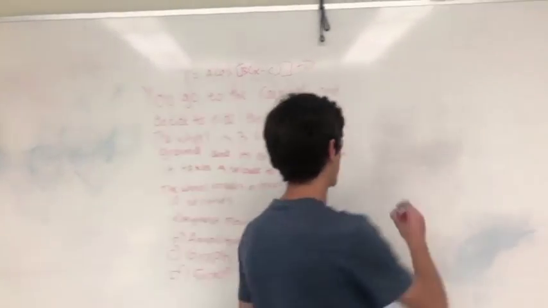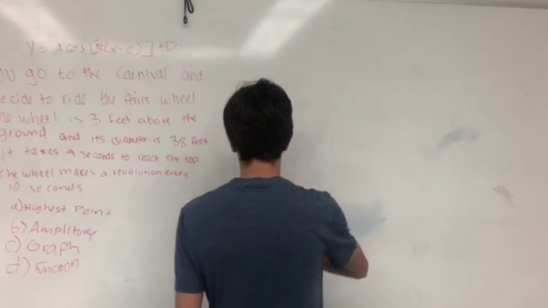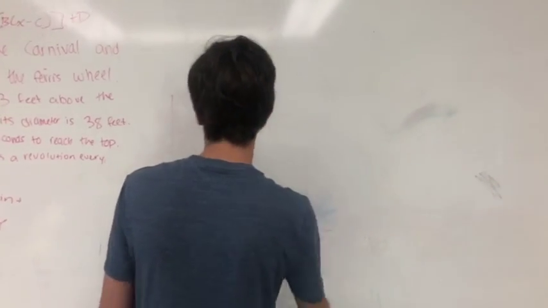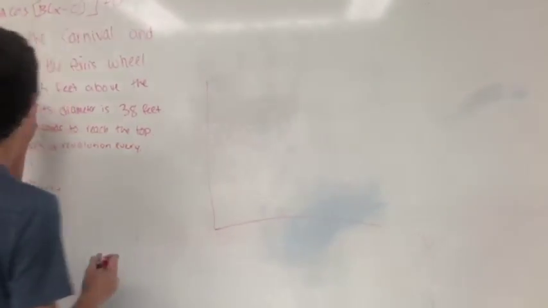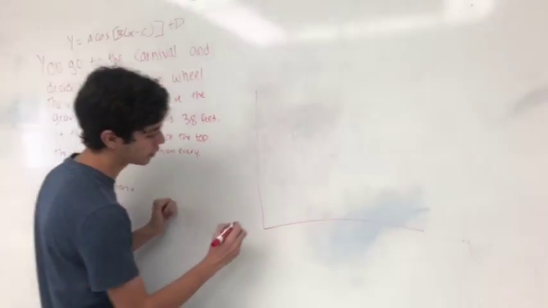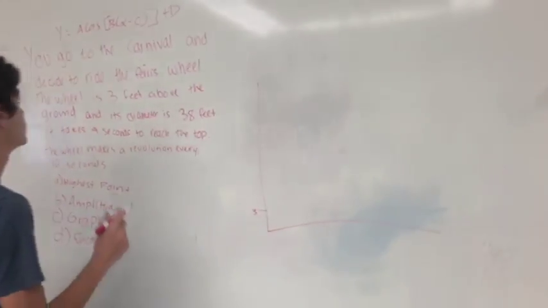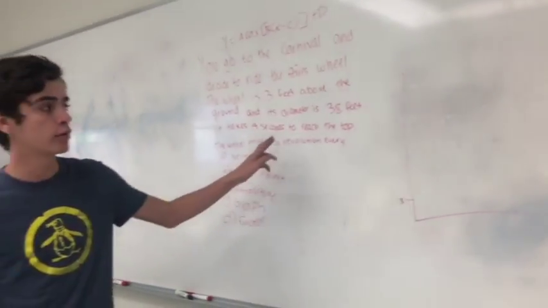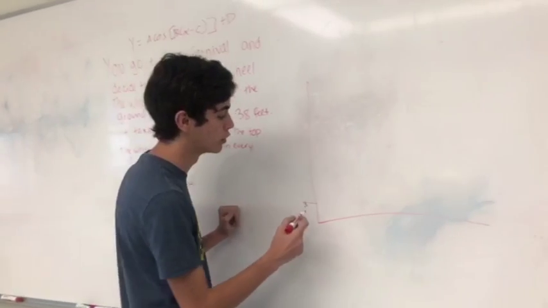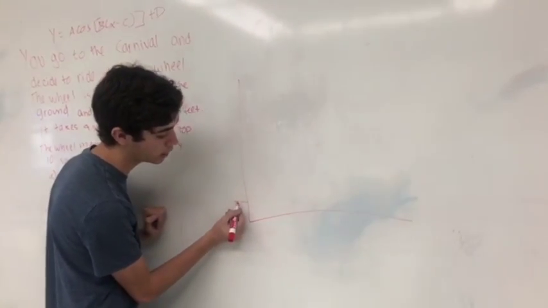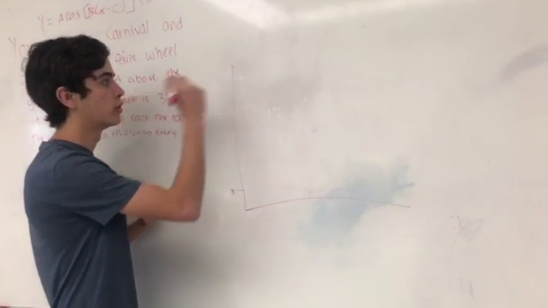So first, we're gonna start making the graph, and seeing that the wheel is 3 feet above the ground, we can say that it starts from here, and because its diameter is 38 feet, it will go up from 3 and 38 more, so up to 41.